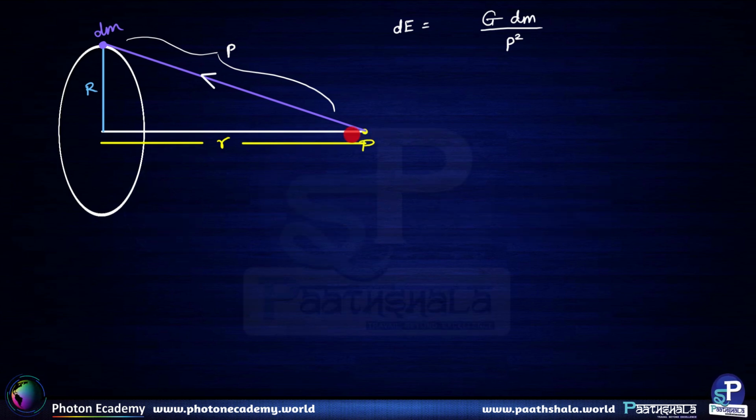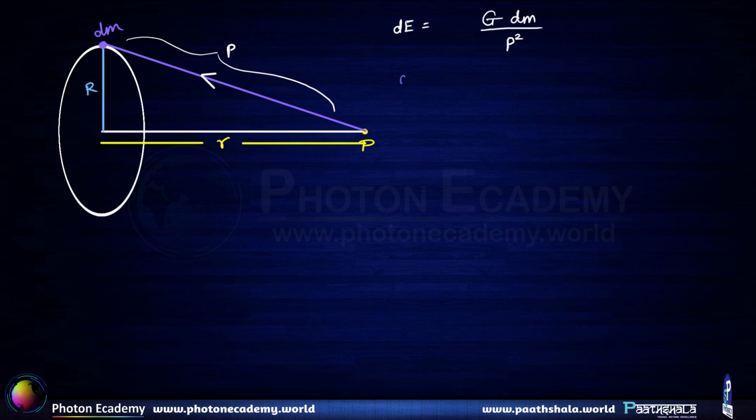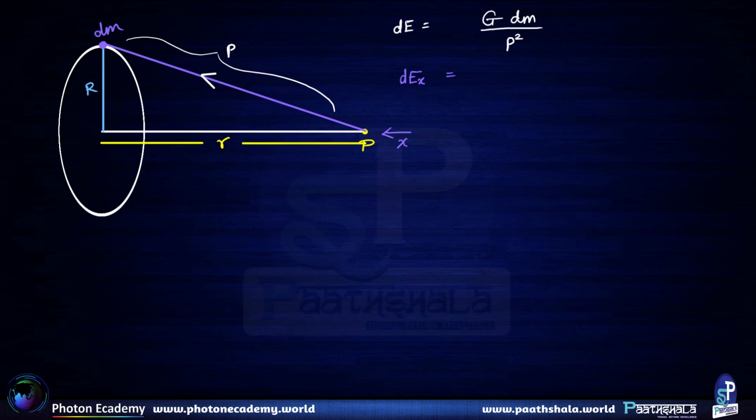So the only component that survives is the leftward component, dEx, the field in the x direction. This direction is defined as the x direction. The horizontal field survives, and the vertical field gets cancelled out.